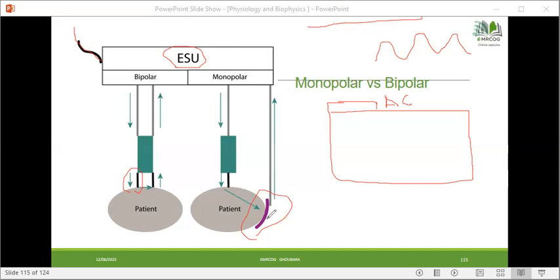There will be escape of electric current, which is high voltage, as we said. This escaped current will cause electric burns in this area of the skin. This is a common complication of monopolar diathermy when the return plate is not firmly attached to the patient's side.